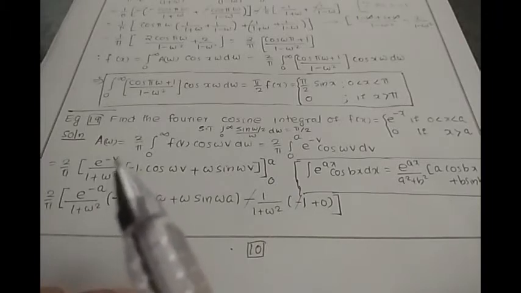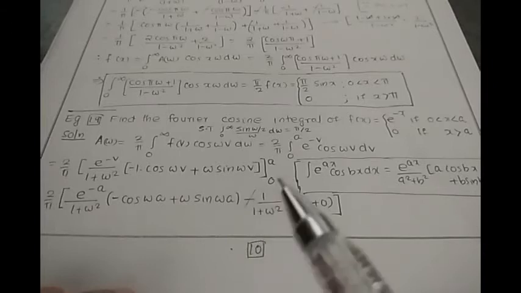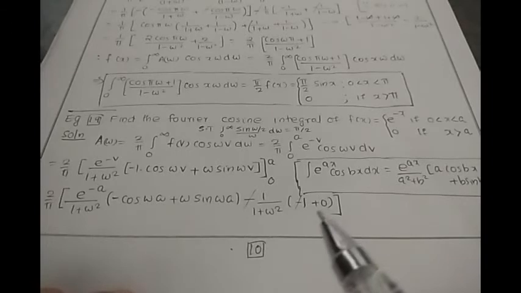Applying the upper limit a first, we will get e raised to minus a by (1 plus omega square), times (minus 1 cos omega a plus omega sin omega a), minus the lower limit. Now applying 0, e raised to 0 is 1, so 1 by (1 plus omega square), and cos 0 is 1, so minus 1 will be there, and sin 0 is 0, so the lower limit is minus 1.